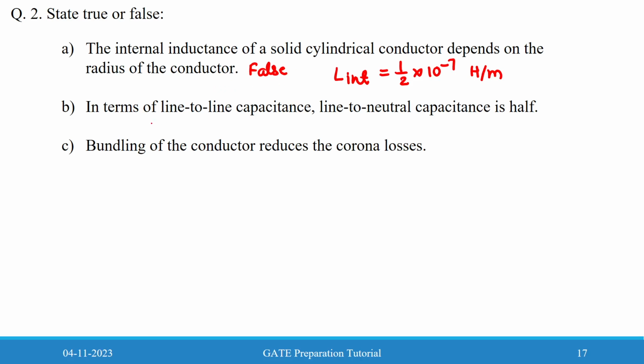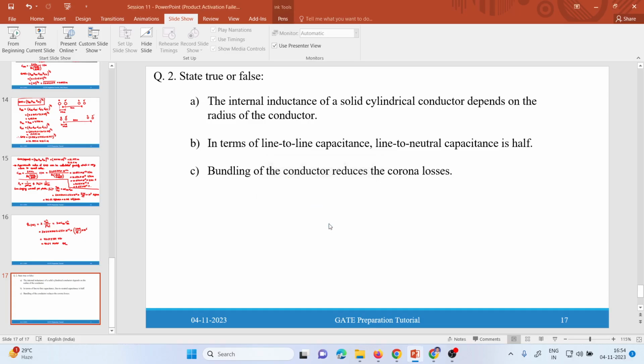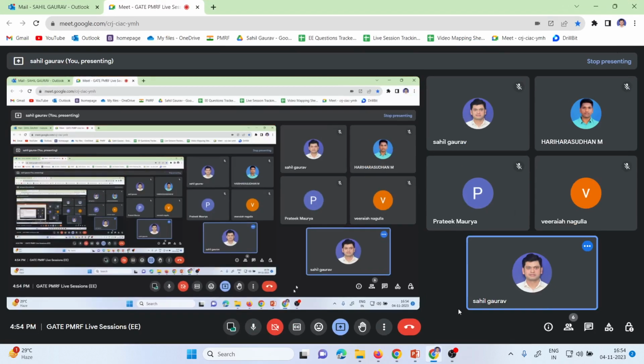The second option is that in terms of line to line capacitance, line to neutral capacitance is half. True or false? True, sir. Read the question carefully. Are you sure, Biraya Nagula and Hari Sudan?